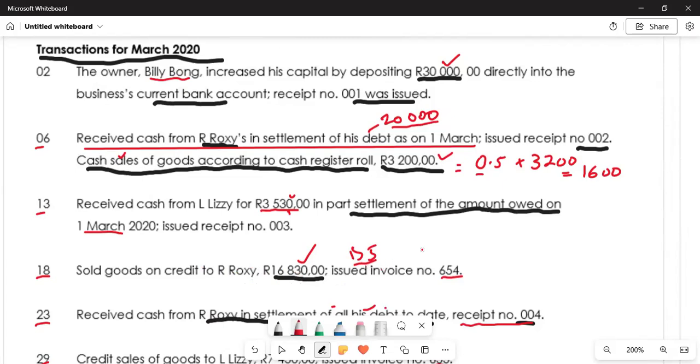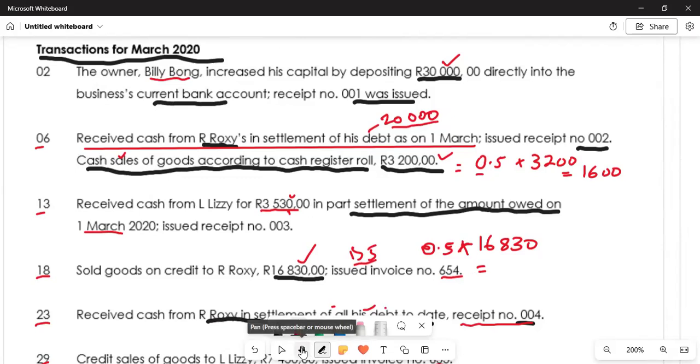That is where we're going to say 0.5, which is our 50%, multiplied by 16,830. That is what you're going to do, and then get the answer.